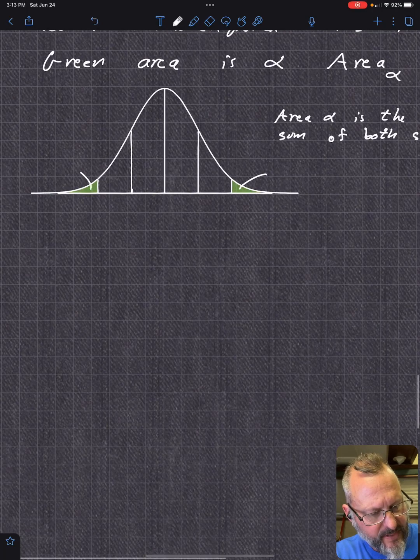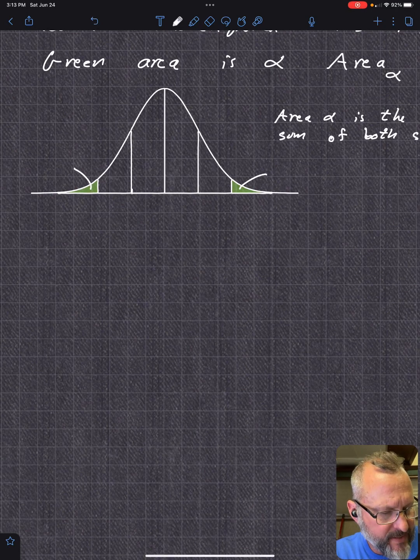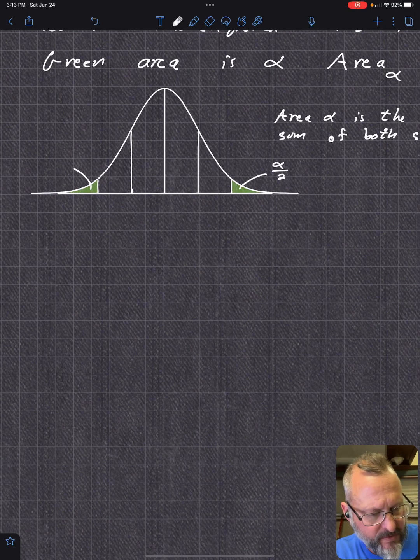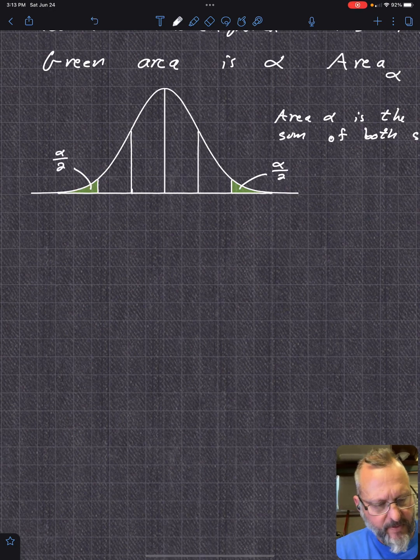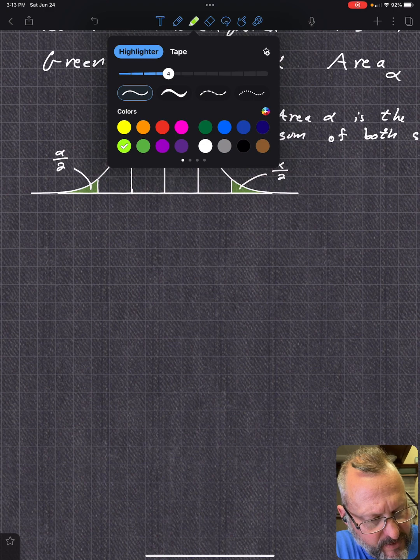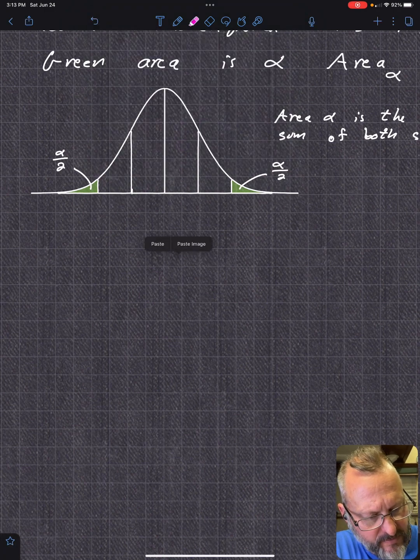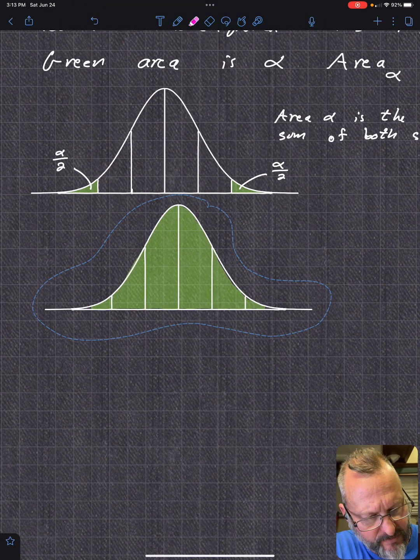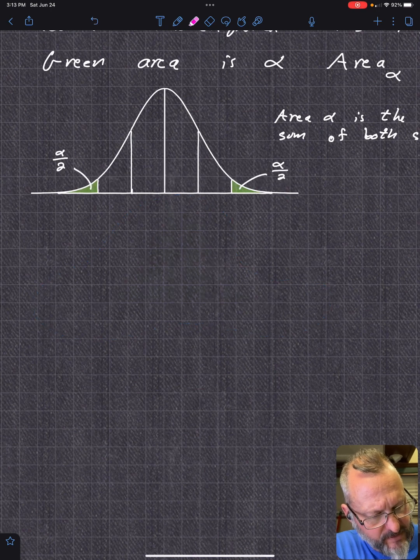All right, so that one and that one. That means each one has to be alpha over 2. It's alpha over 2. So if that's the case, then what is the middle? What's the middle part? So what is all of this?